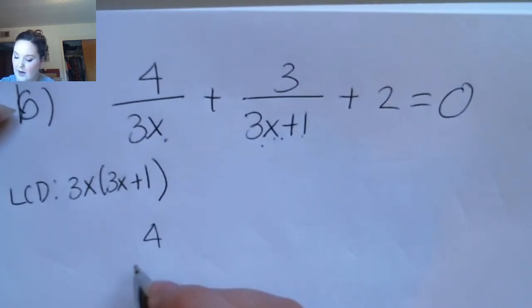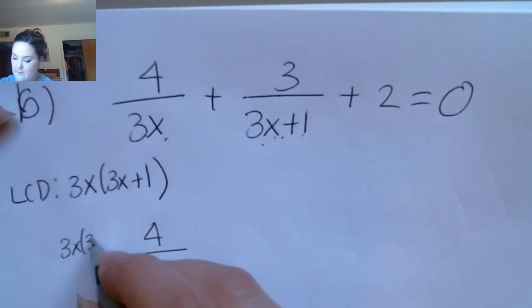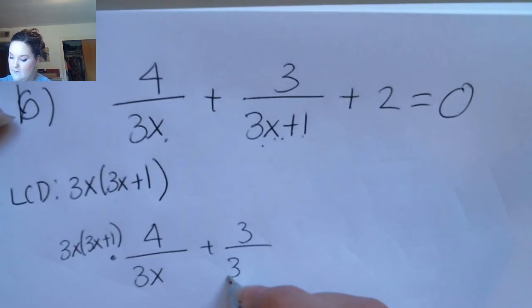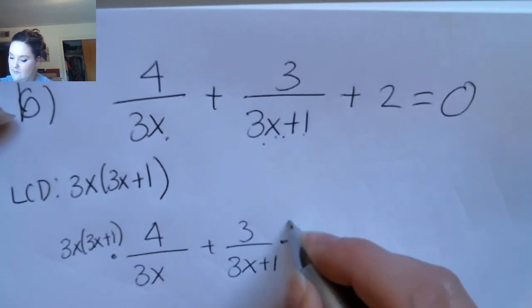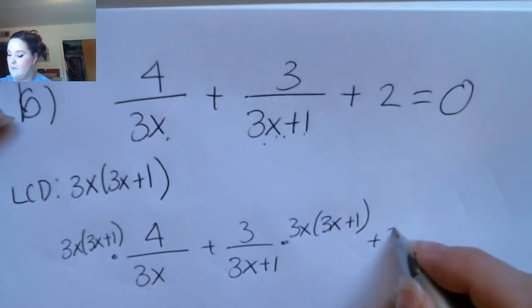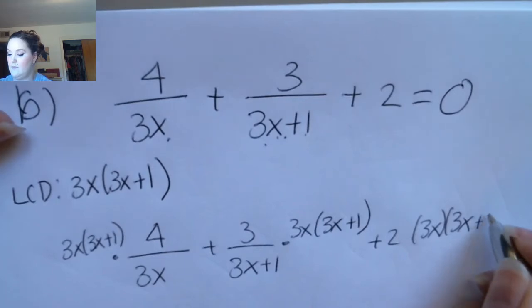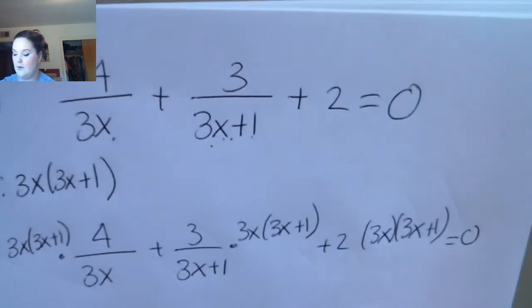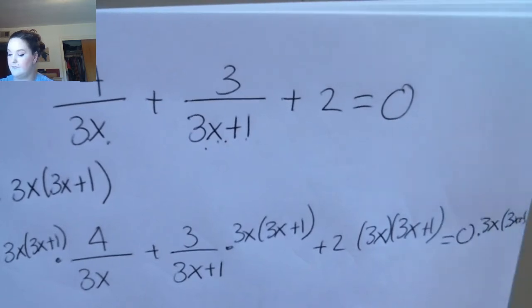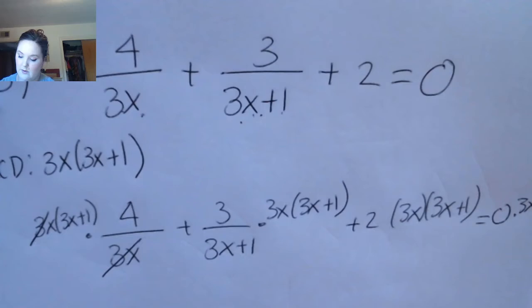So I'm going to multiply everything by the LCD, including this side. So here my 3x is going to cancel with my 3x.